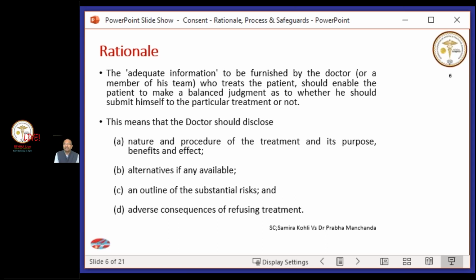This means that the doctor should disclose the nature and the procedure of the treatment and its purpose, benefits, and effects, the alternatives, if any, that may be available, an outline of the substantial risk and adverse consequences of refusing the treatment.